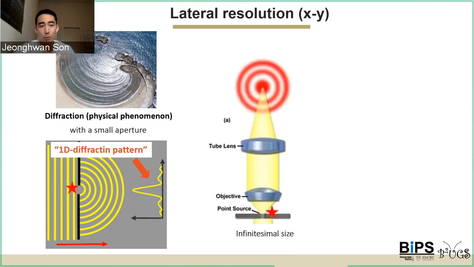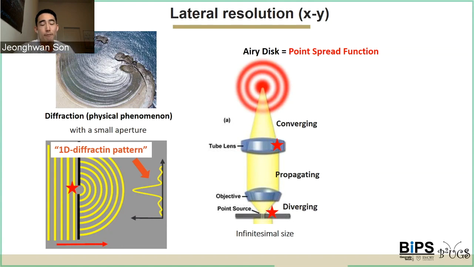With microscopy, the infinitesimal light source diverges through an objective lens and propagates. With the tube lens, which is another 3D aperture, the light is converging to generate a 3D diffraction pattern called the Airy disk or point spread function. Literally, it means the function of how a point spreads through the microscopy system.